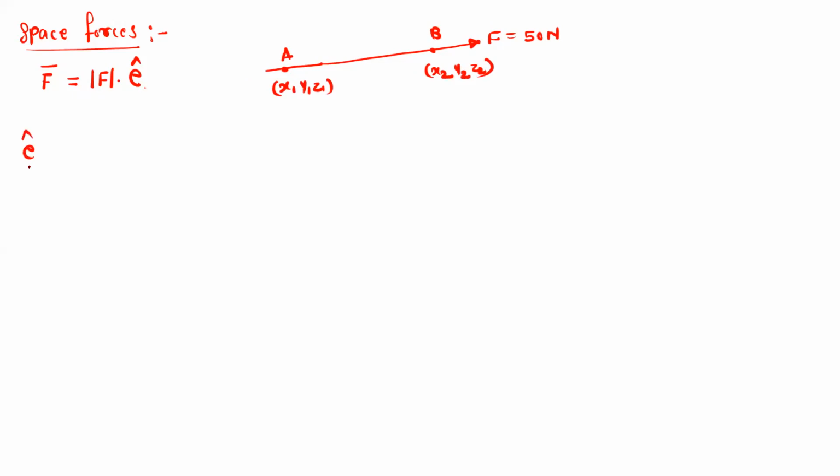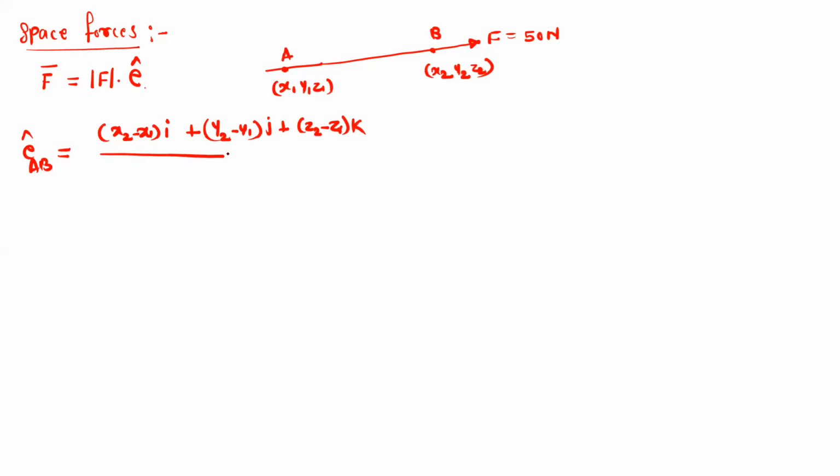So this E cap AB is equal to x2 minus x1 into unit vector i plus y2 minus y1 into unit vector j plus z2 minus z1 into unit vector k. So this is called a position vector.